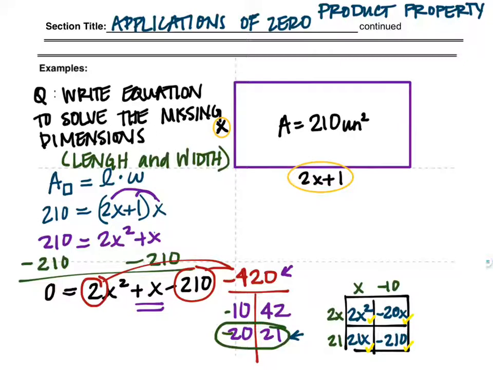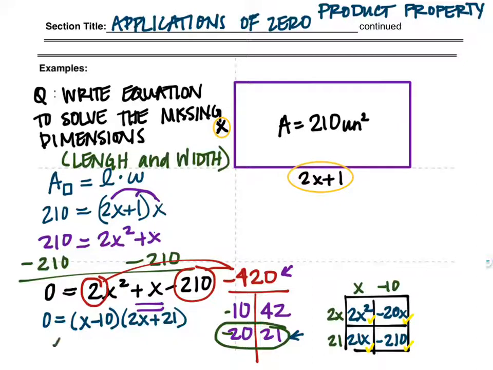We're going to indicate the information that we just found. So when we factor, we're going to write in our factor binomials, again working through those being equal to 0. So I have x minus 10 and 2x plus 21. I'm going to set each one of these equal to 0, as that is the zero product property, and that allows me to solve.